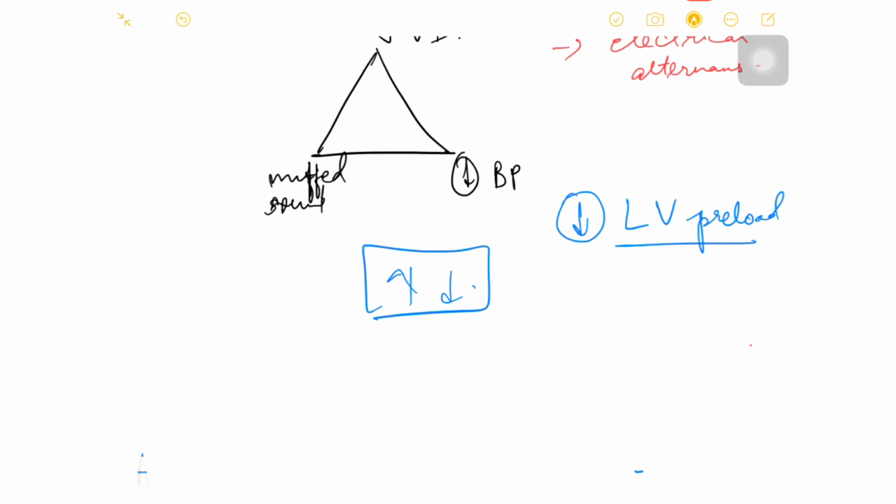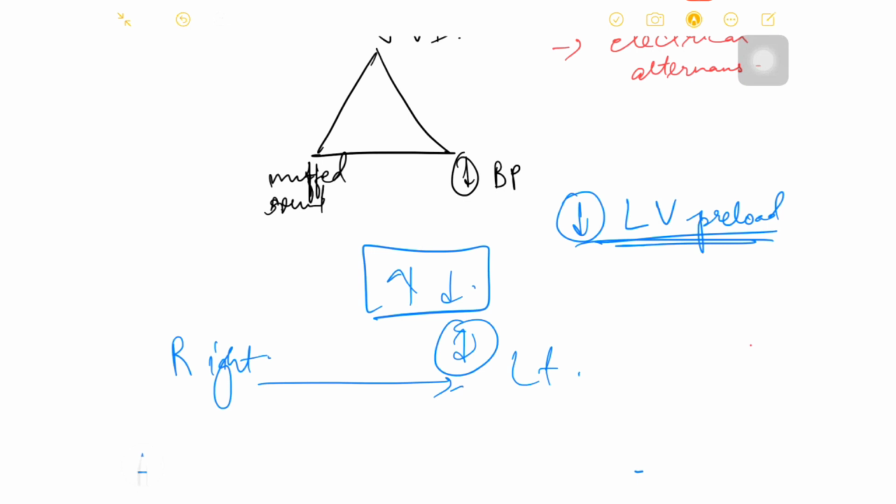The right heart is getting compromised. When the right heart is compromised, it does not push blood forward to the pulmonary system, and no blood comes back to the left heart. That is why the left ventricular preload is decreased. So it mainly affects the right side of the heart, and hence the left heart is not getting any blood. Got it?